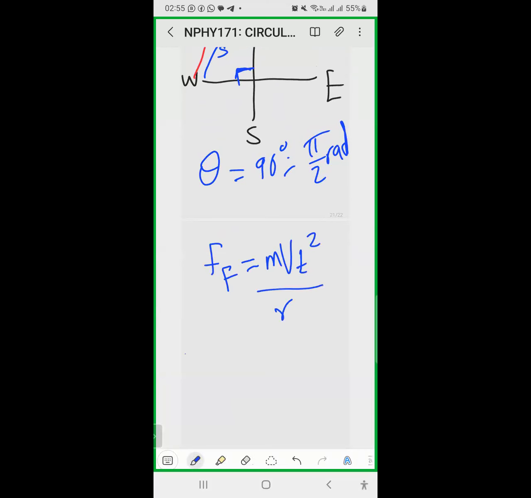Then your v_t is equal to r multiplied by the angular speed, which is given by the change in angular displacement over the change in time.